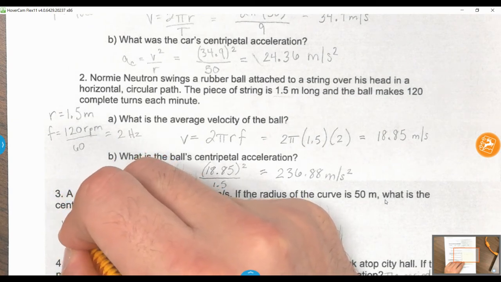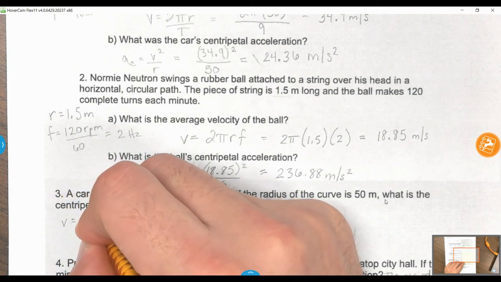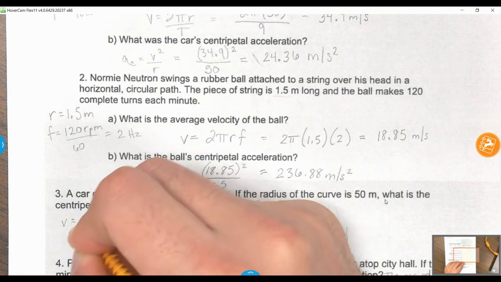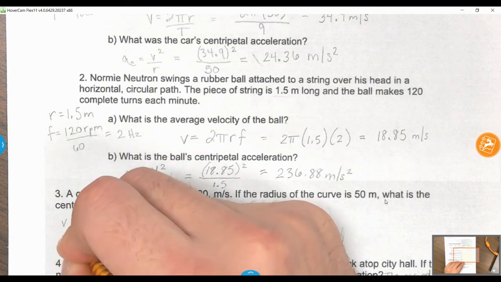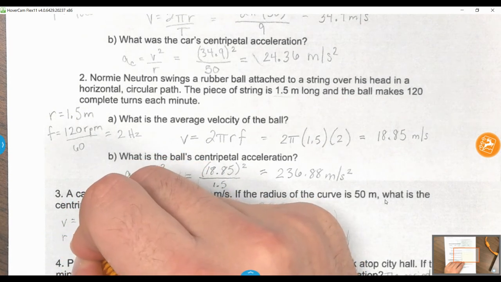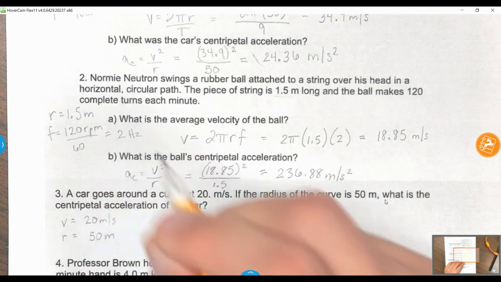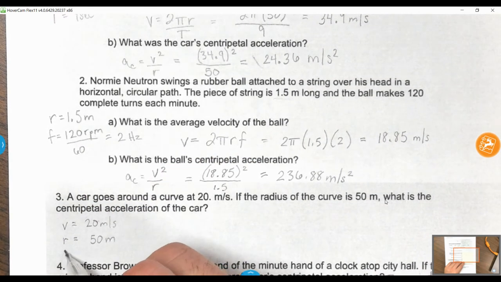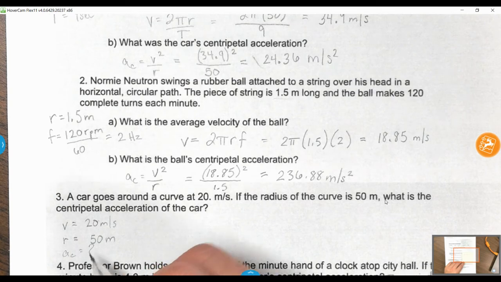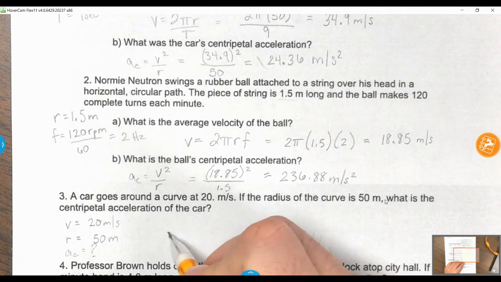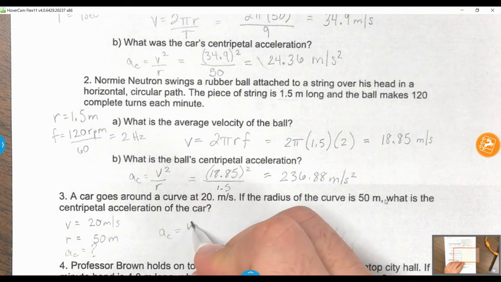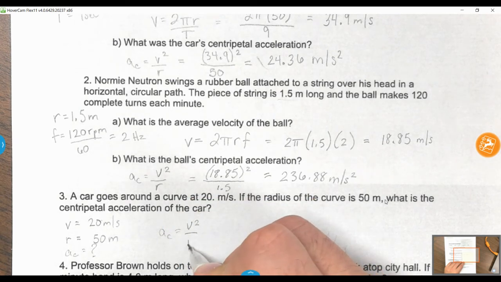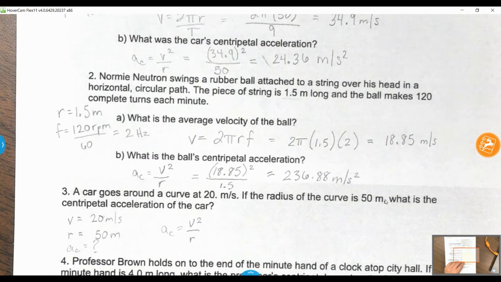So we have a velocity here of 20 meters per second and a radius of 50 meters. They wanted centripetal acceleration. That equation, just like we've done in a couple of problems here, is just very simply v squared divided by r.